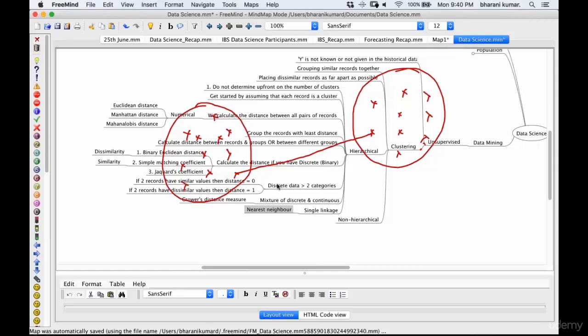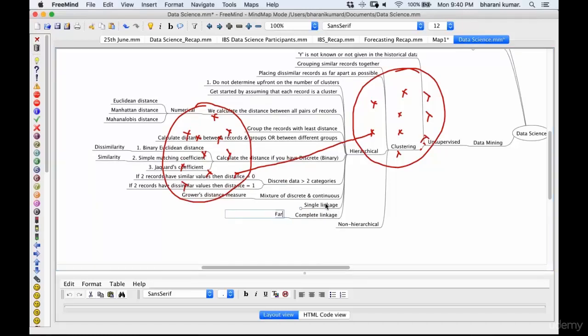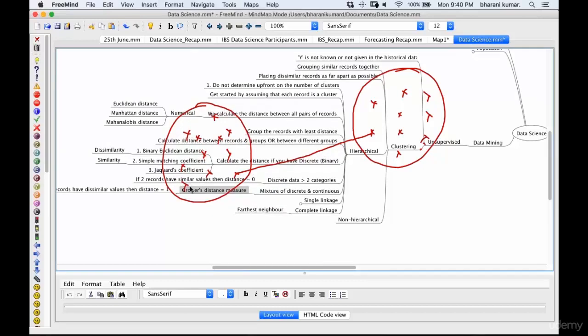right? And there is another linkage called complete linkage. Here you look at the farthest neighbor, so you're looking at the dissimilarity rather. You pick the farthest data point here and the farthest data point in the other cluster and calculate the distance that way.